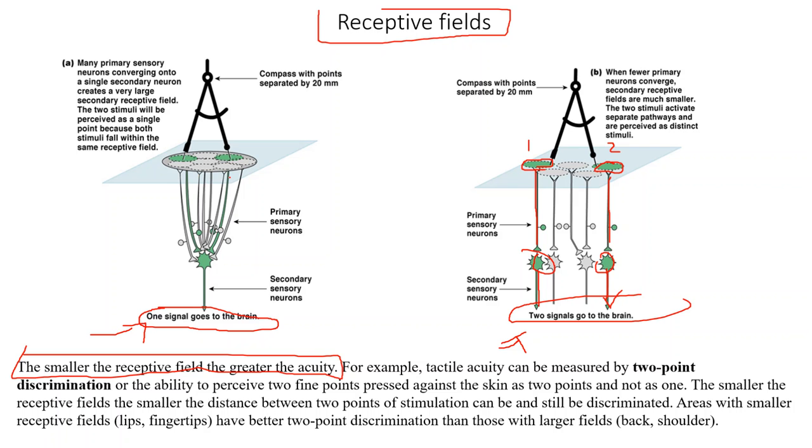Whereas in this other situation, you have many primary sensory neurons converging on a single secondary sensory neuron, and therefore, no matter where you stimulate here, there is basically no discrimination between these 2 points that are being stimulated. No matter where you stimulate, you only have one signal that goes to the brain.